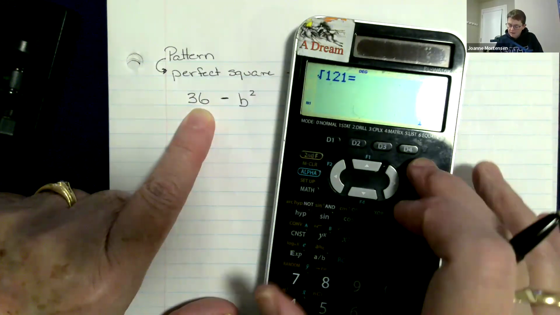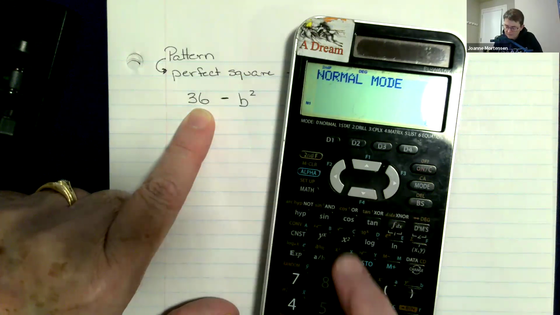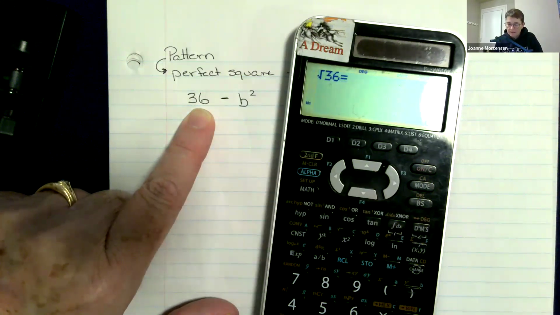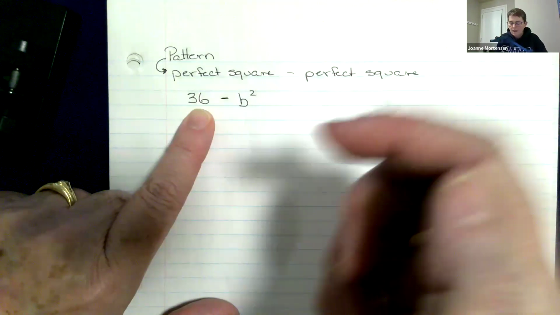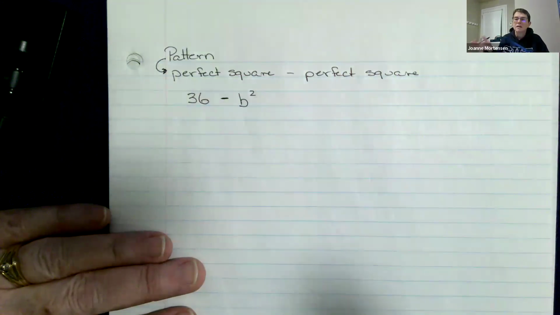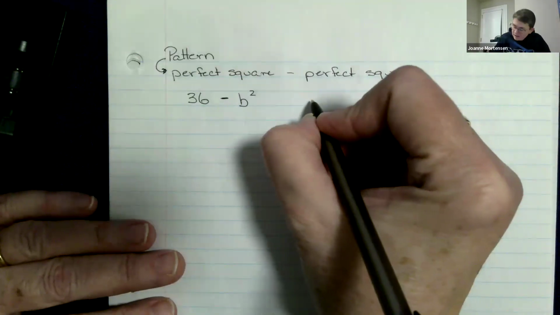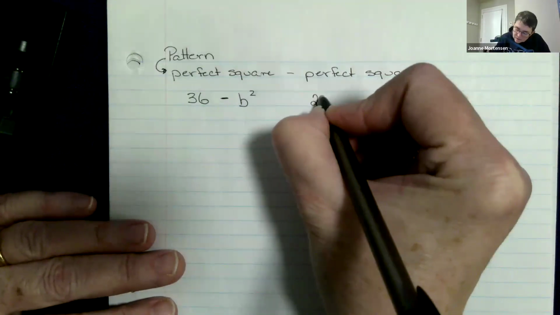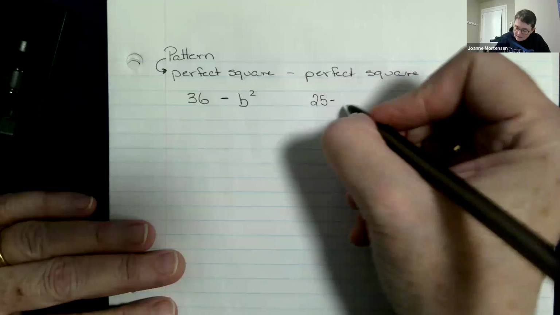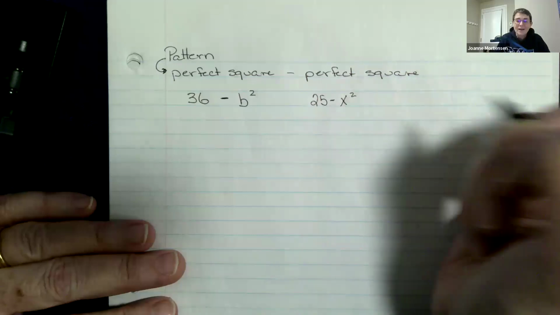Okay, so if I go square root of 36, it's 6. Perfect square. And this has to be even because I know to take the square root of that, it's just going to be divided by 2. So I can do anything like this. 25 minus x squared. Okay, that's boring.